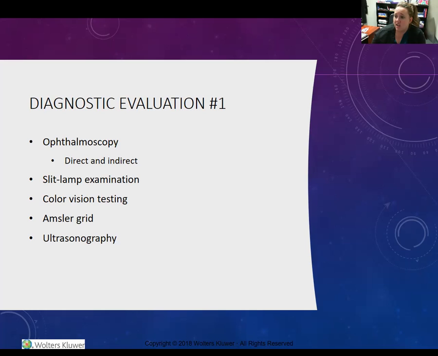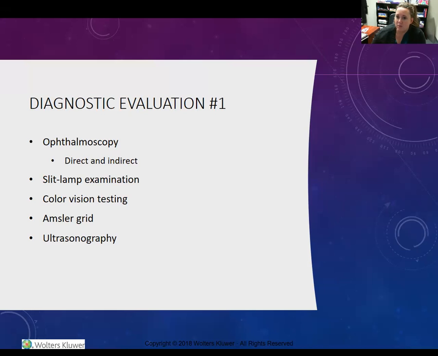Color vision deficiency can be inherited and is more common in males. It can also be secondary to medications or cataracts if they have color distortion problems. The Amsler grid is a tool that we use to detect problems with the macula, which is that center part of our retina.